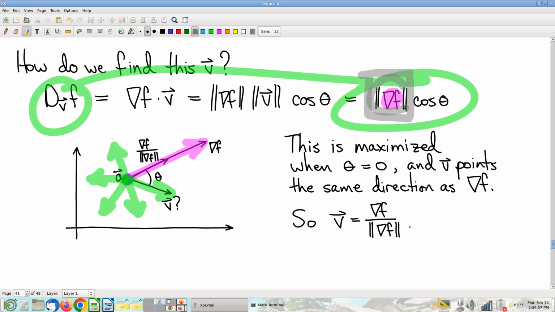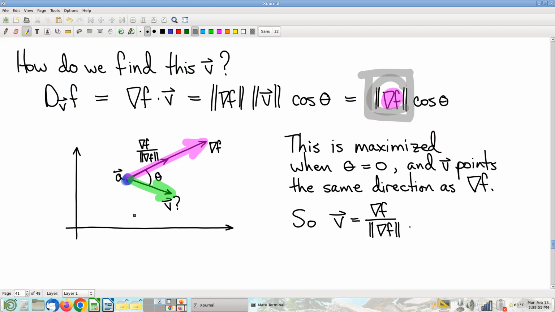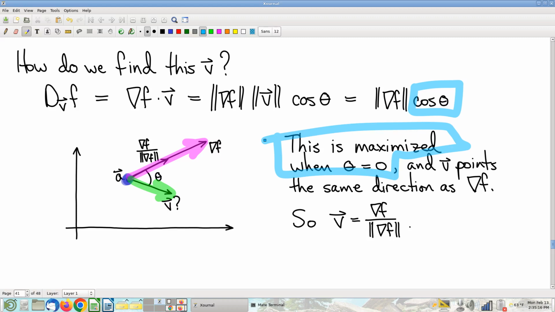So in actuality, all I really need to do is maximize cosine theta. Whatever I can do to make cosine theta as big as possible, that's the winning move. And of course, cosine theta is maximized when theta is equal to 0. Theta, don't forget, is the angle between the gradient and the direction of motion.